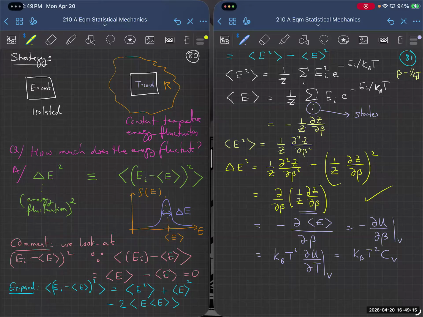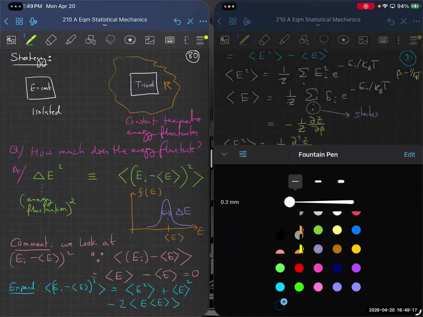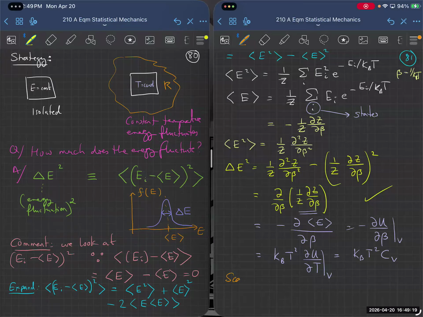Okay, now we're going to do a scaling argument. This is now interesting. The heat capacity is going to be proportional to how big the system is.